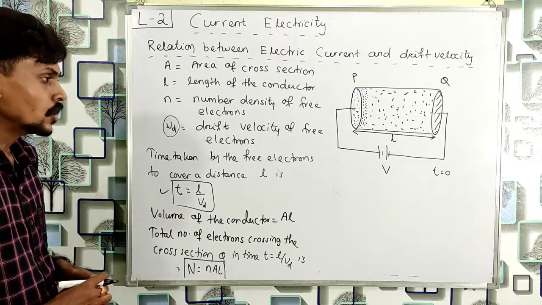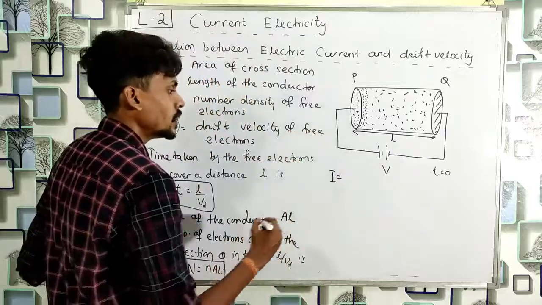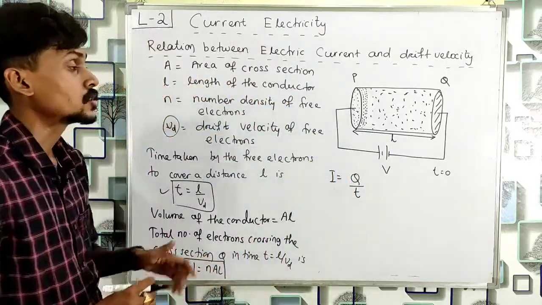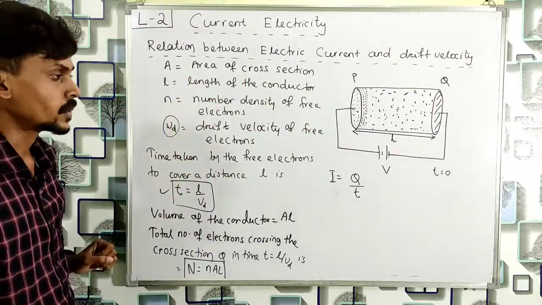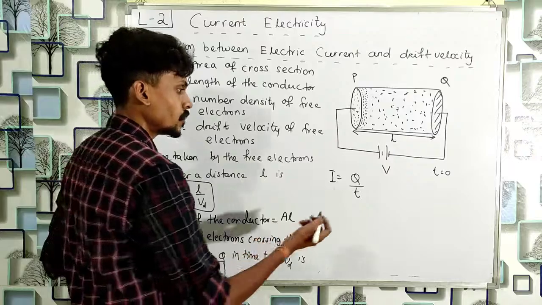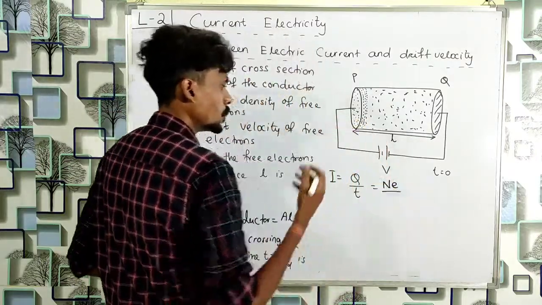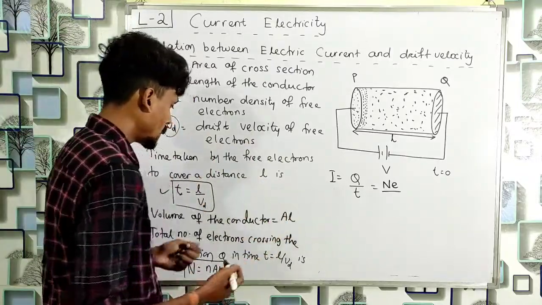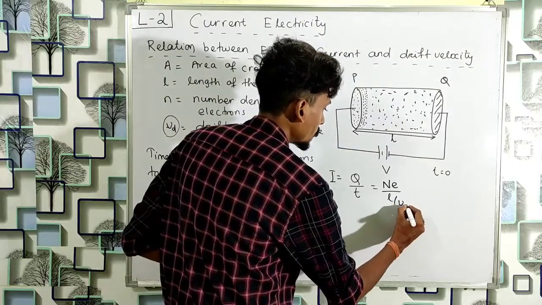Is that clear? So what is the value of current? I is equal to the total amount of charge that has crossed this cross section divided by the total time taken. And how to get the charge Q? Q is N into e, where N means the number of free electrons and e means the charge of electron, and t is L by Vd.